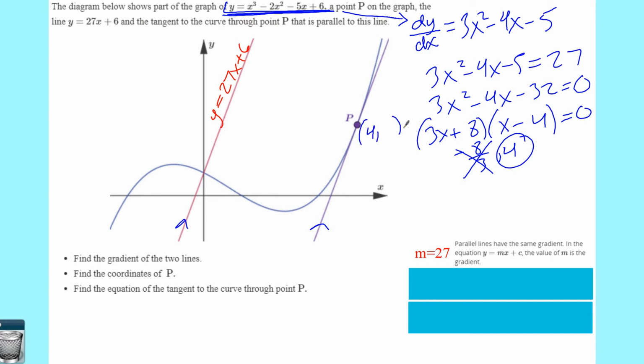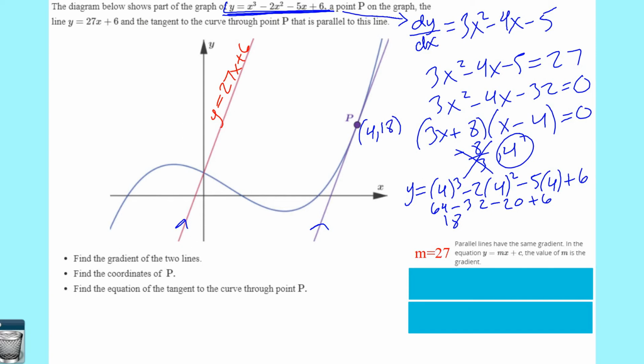Well, plug it into your original equation. y equals 4 cubed minus 2 times 4 squared minus 5 times 4 plus 6. So what is that? 64 minus 16 minus 32 minus 20 plus 6. So 32, 12, 18. So we're at the point 4 comma 18.